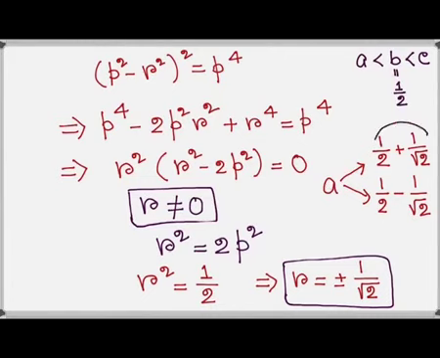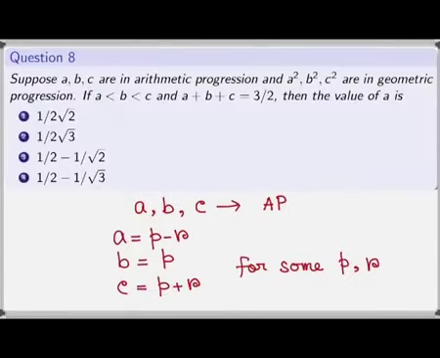Therefore, this choice of A is not possible, and hence A is 1 by 2 minus 1 by square root of 2. Therefore, here the third option is the correct answer.